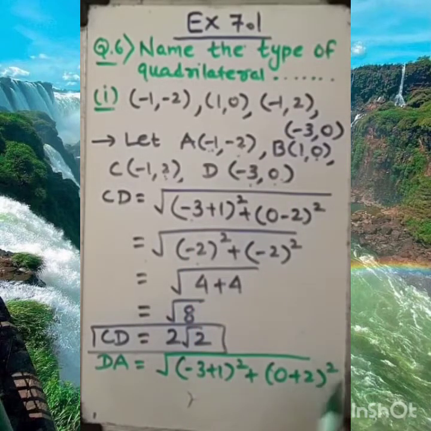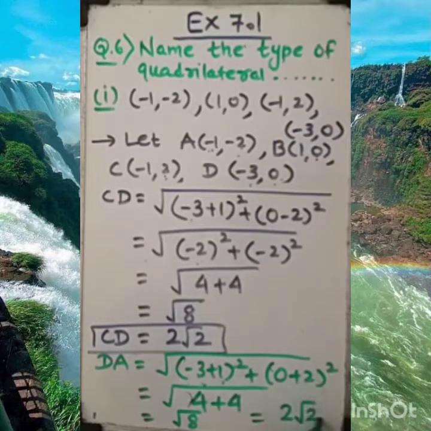So minus 3 plus 1 is minus 2 square, and minus 2 square is plus 4. Again it is coming under root 8, and the simplification of under root 8 is 2 root 2, dear. So the fourth side is also 2 root 2, similar to the other three sides. So AB equals BC equals CD equals AD.